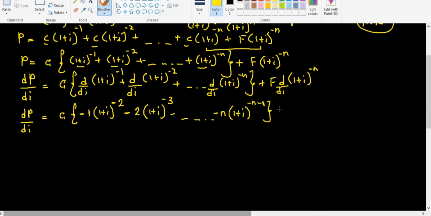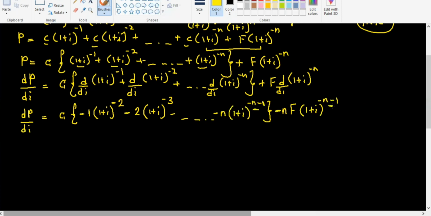So for this F also, with this minus n, we can straight away take this negative factor in front, and we have to multiply it by F and (1 plus I)^(-n-1), similar to this one.